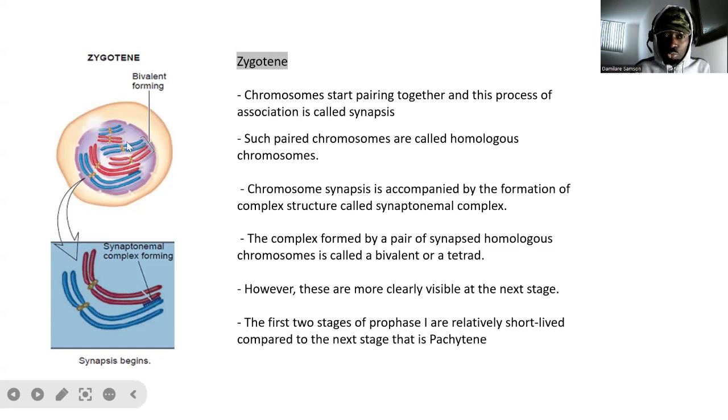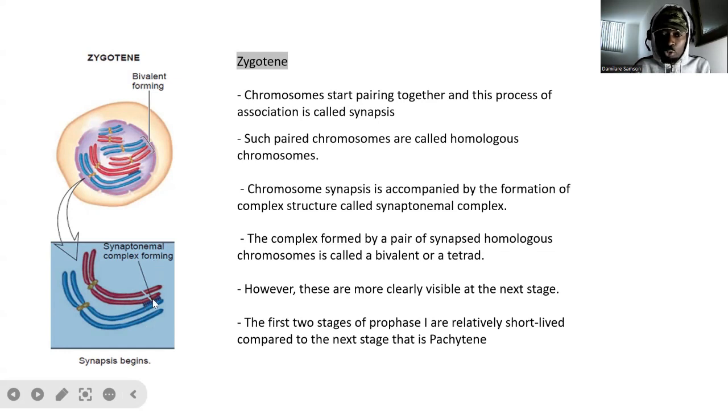So you have 1, 2, 3, 4. 2 for this, 2 for this. So we call it a bivalent. Two coming together beside each other. Where they attach, there will be a kind of connection between them, a complex formed between them, which is called the synaptonemal complex.